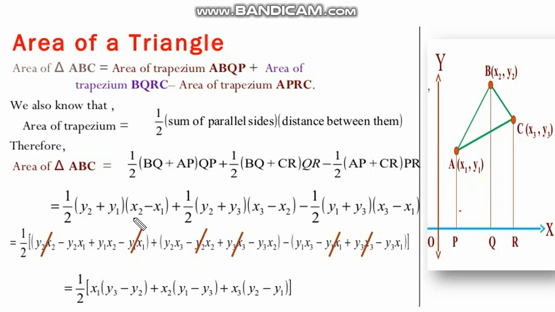Thereafter we multiply y2 into x2, y2 x2, and next y2 into x1, y2 x1, then y1 into x2, y1 x2, then y1 into x1, y1 x1. Similarly, find the remaining terms.